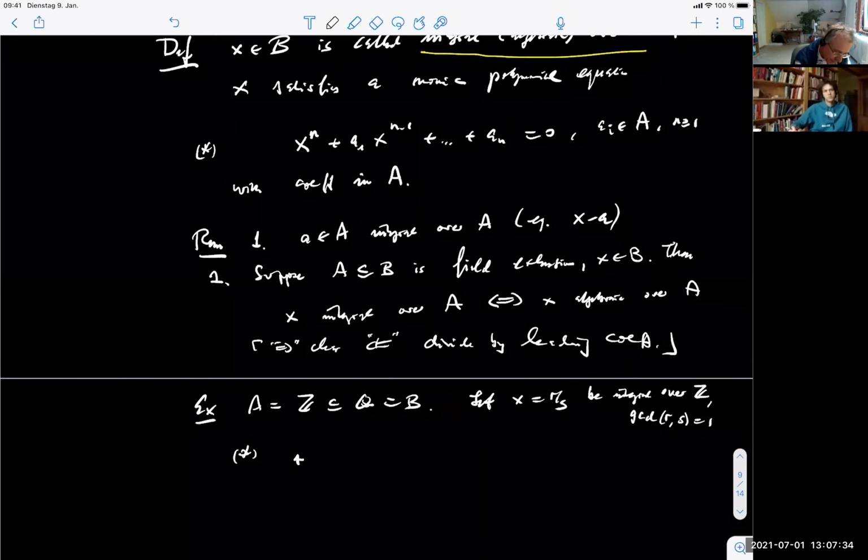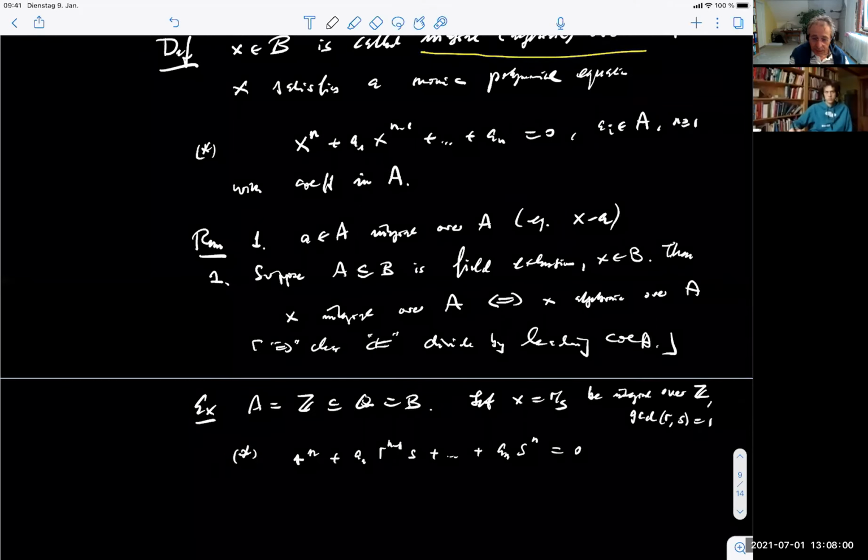This is this equation. Instead of x, I write r over s, and then I multiply with s to the n. So I have no fractions anymore. Then I have r to the n plus a1 r to the n minus 1 s plus blah, blah, blah. I get that.